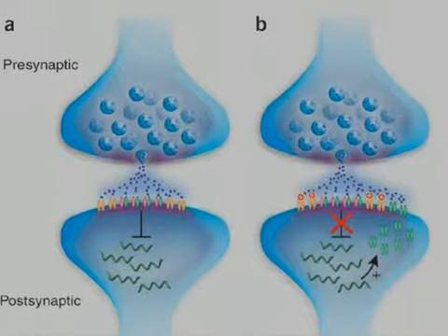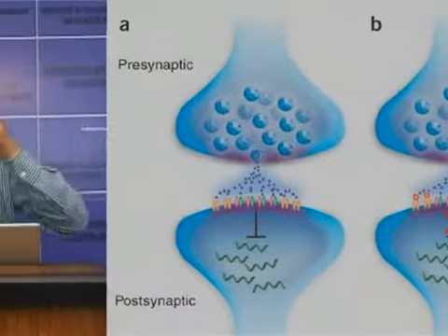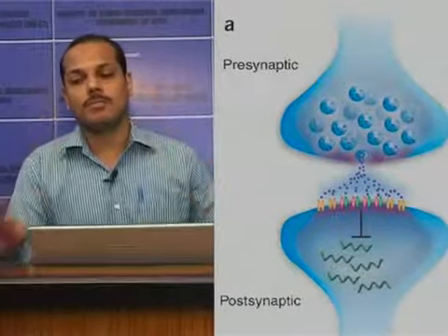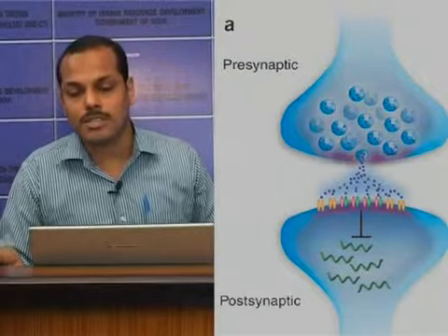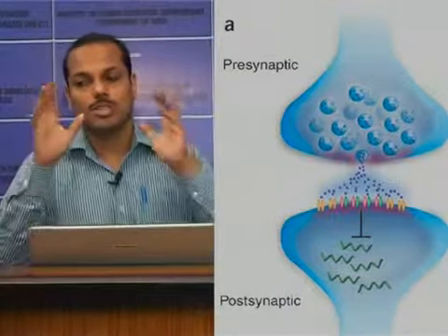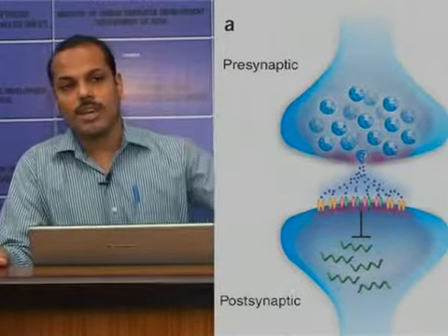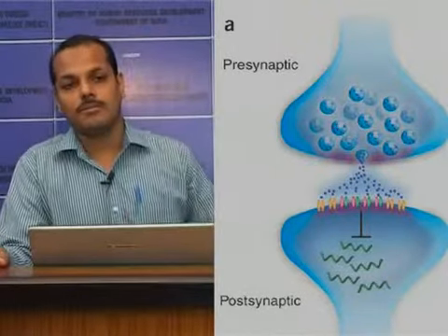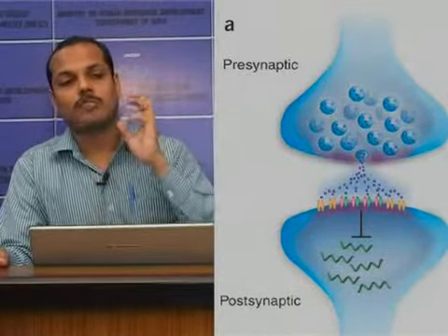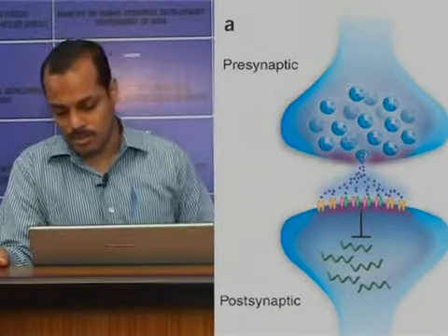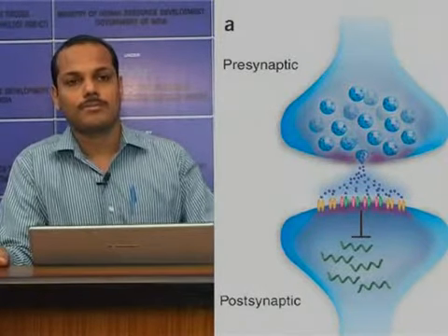The area between the postsynaptic membrane and presynaptic membrane is called the synaptic cleft. So, the presynaptic membrane, synaptic cleft and postsynaptic membrane together are known as a synapse.